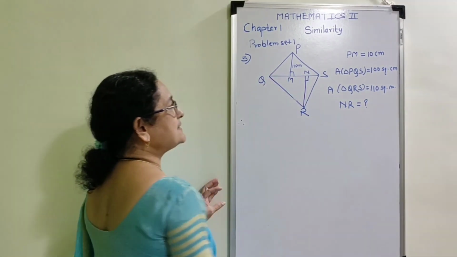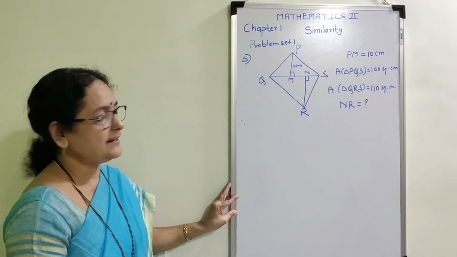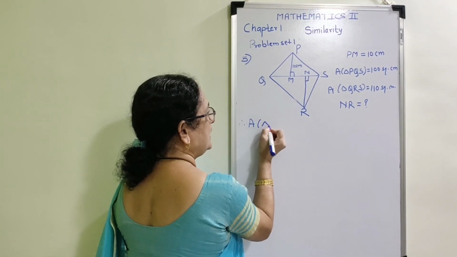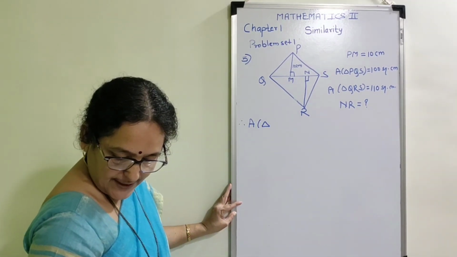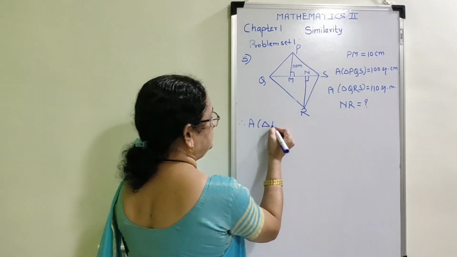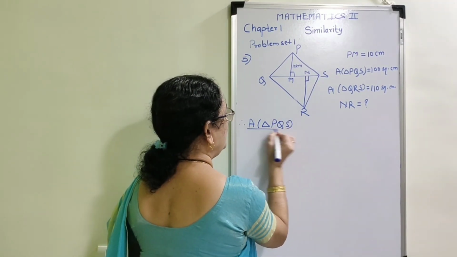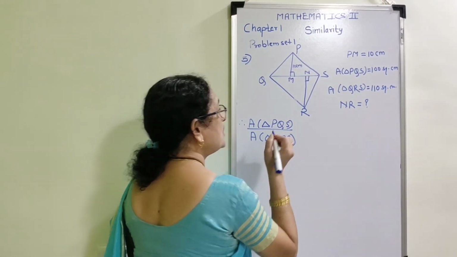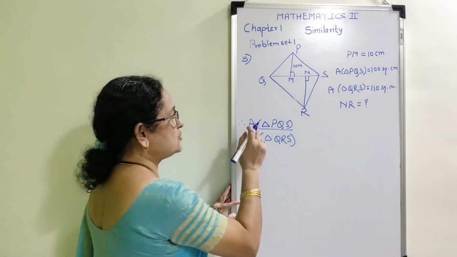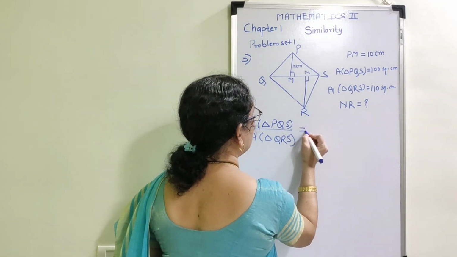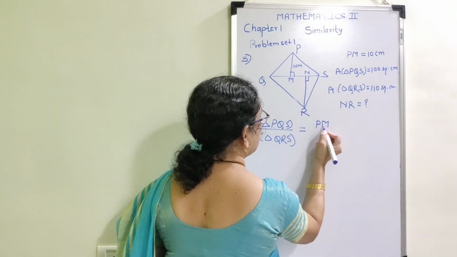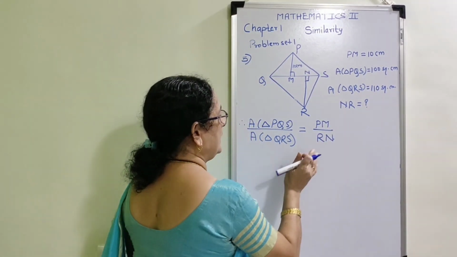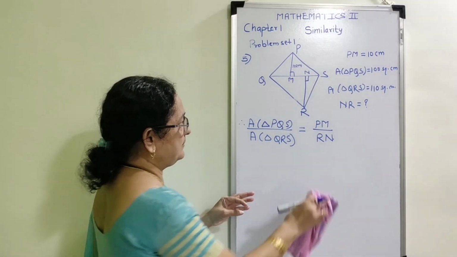Here also QS is the common base of both the triangles, and therefore using the same property I can write area of triangle PQS upon area of triangle QRS. Since common base is there, the ratio of their areas is equal to ratio of their corresponding heights. It is equal to PM and RN or NR, whatever it may be.